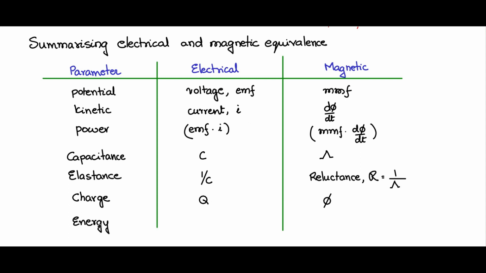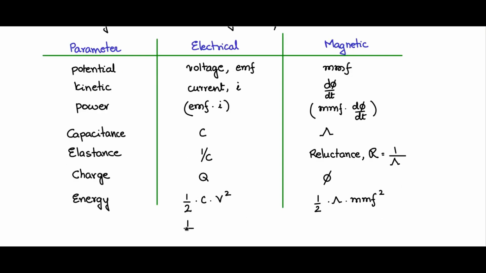For energy you have half C V square, which is replaced by half permeance mmf square, or you can club CV and call it half QV, and here also half phi into mmf. So these are some of the equivalents that we saw.